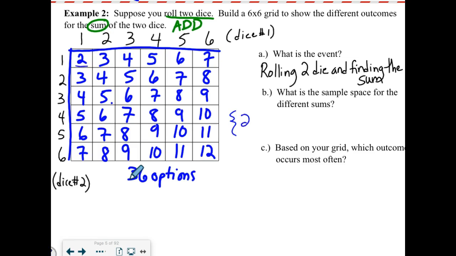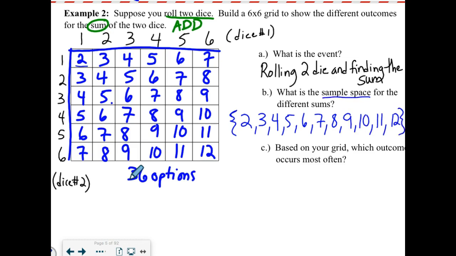We can get a 2, 3, 4, 5, 6, 7, and I'm going to keep going until I get to the biggest sum, which is 12. And notice, since this is a sample space, I have included this in set notation.